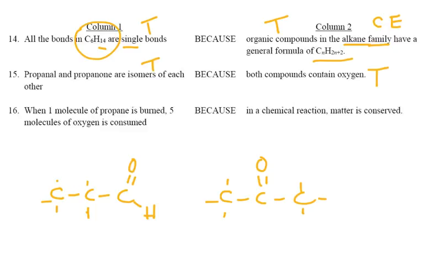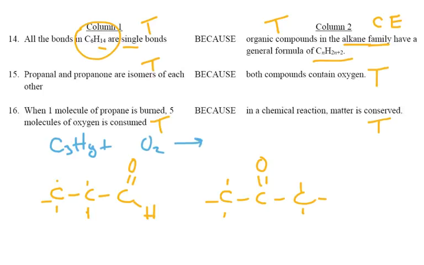Last one, when 1 molecule of propane is burned, 5 molecules of oxygen are consumed. In a chemical reaction, matter is conserved. I think both of these are true, and to really test that out, we need to write this out. Propane is C3, double the number plus 2, H8, mixed with oxygen.